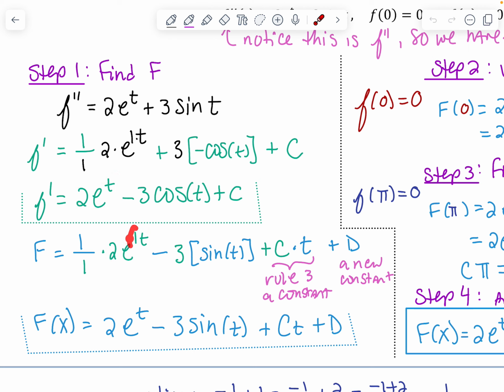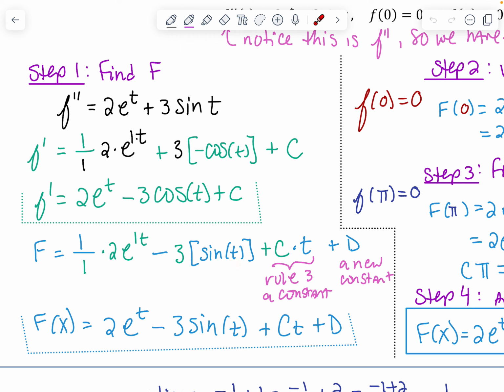My e to the kt, where I think of k as being 1, goes to a denominator, and that 2 coefficient stays there. So I just have, again, what looks like the original. But my minus 3 stays here. Cosine of t has an antiderivative, sine of t, and then I need to integrate c. Remember, I'm treating c like it's a constant.